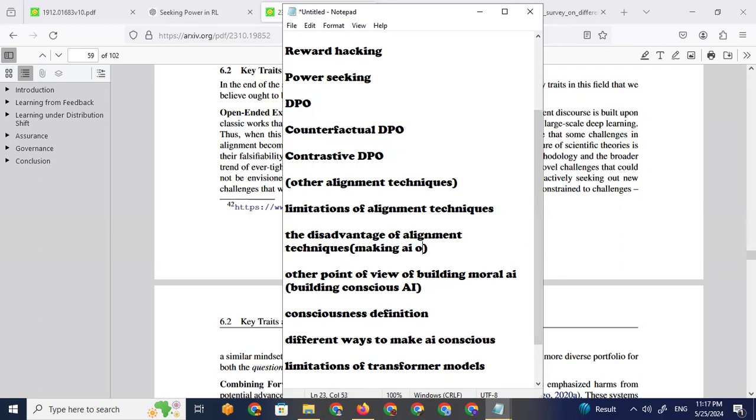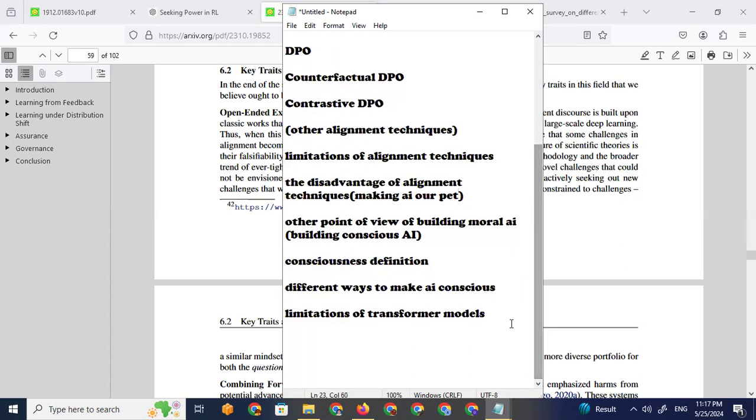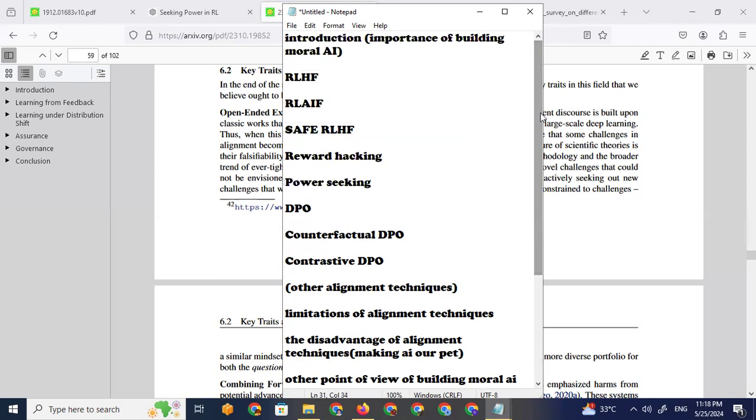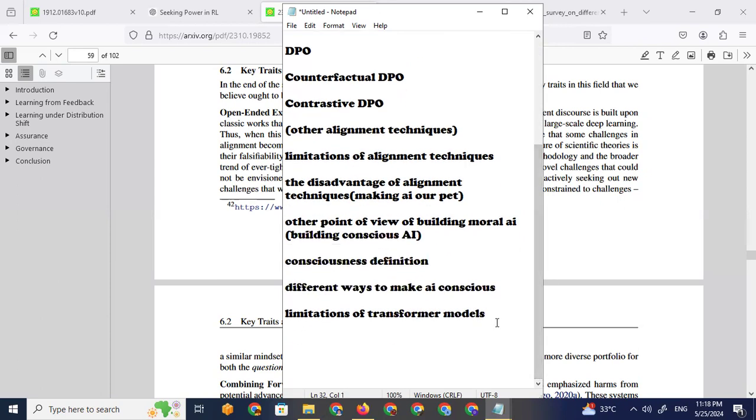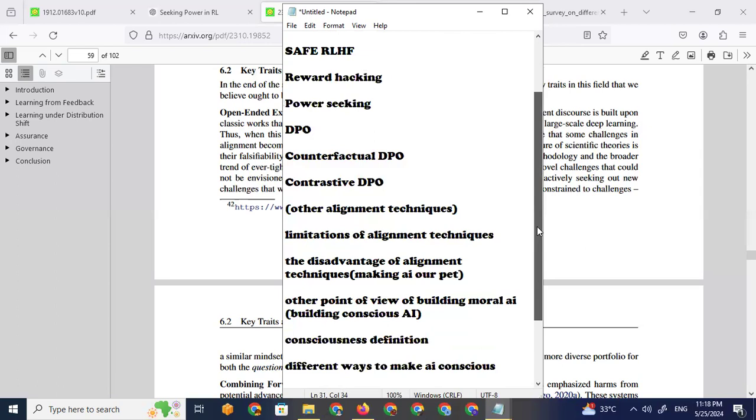And after the dismissal of alignment techniques, we will come to the other point of view of building conscious AI. After that, we'll define consciousness, find different ways to make AI conscious, and cover limitations of transformer models. And then after that, if there is anything, we'll add it. I think maybe we could try the conclusion here.